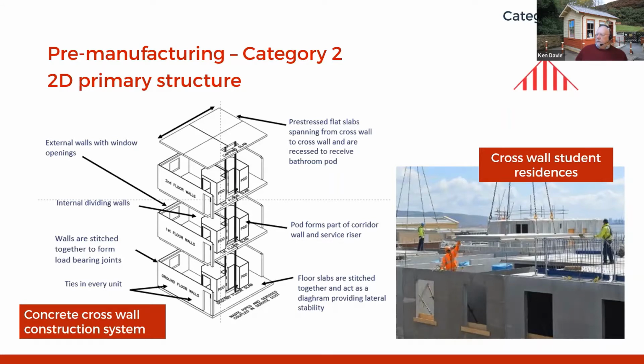Obviously, if it's a motorway, it's probably not the right environment. But then again, cross-laminated timber actually is quite resilient in terms of its resistance to the atmosphere. It would actually colour in the same way as timber cladding colours. So category 2, 2D primary structure, variously called Flatpack.